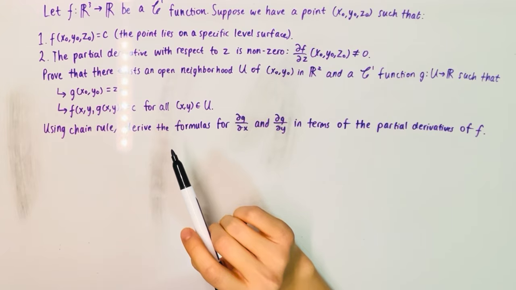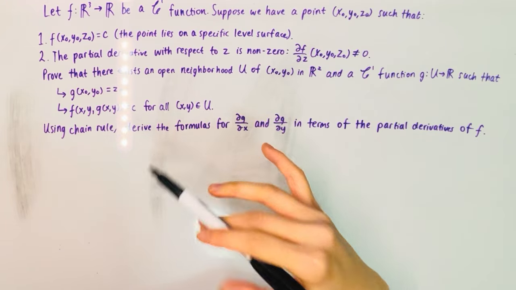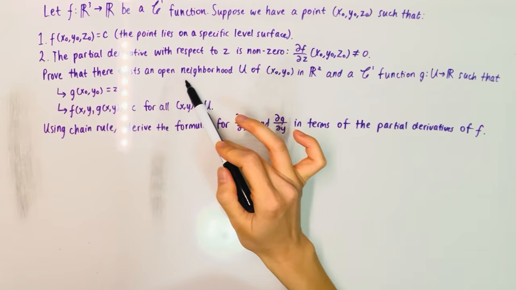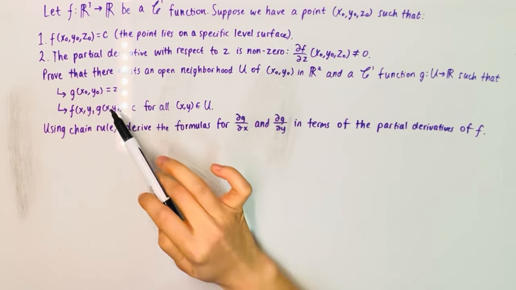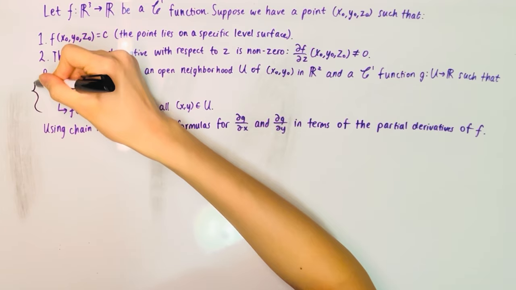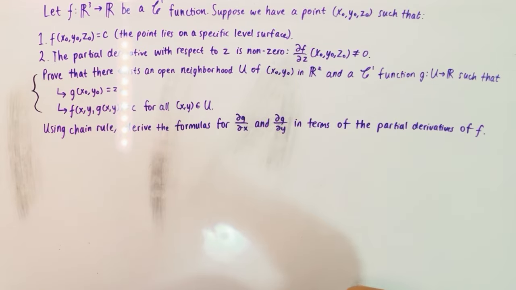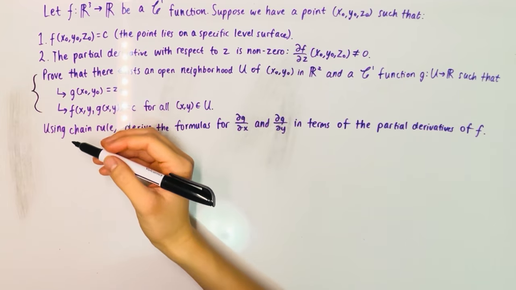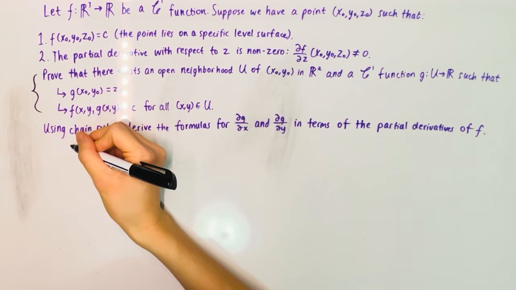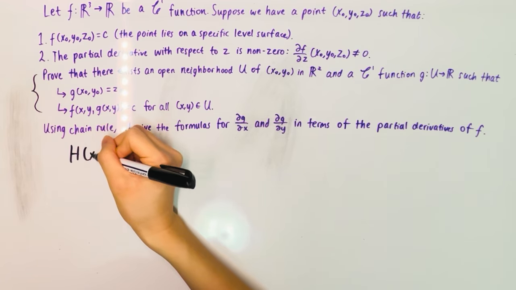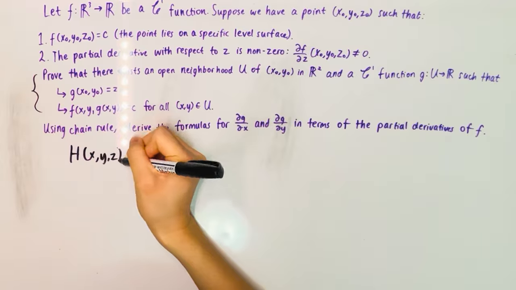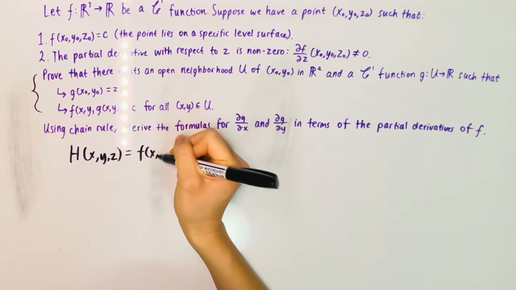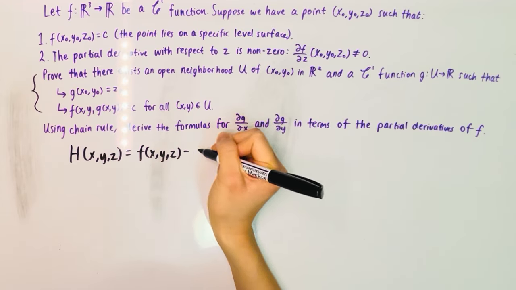All right, so this we can see is going to follow directly from just applying the implicit function theorem. Basically, what we can do is define a new function h such that h of x, y, z is equal to f of x, y, z minus c.